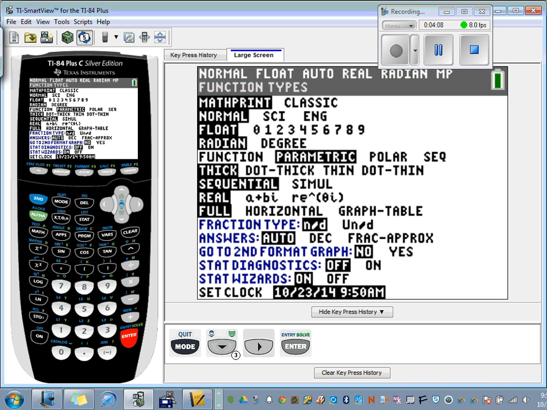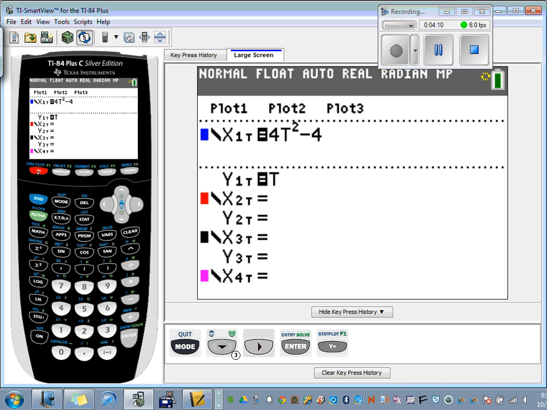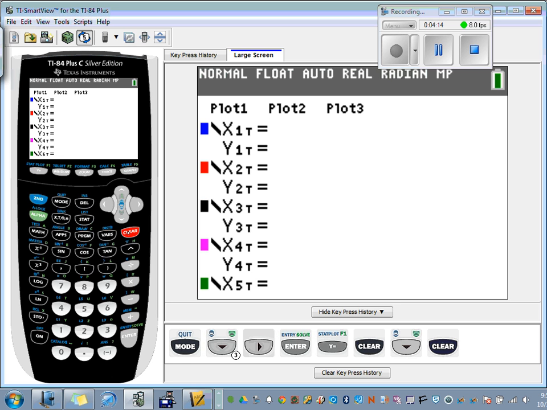And when you do that, if you look at your y equals, it's going to look a little different. It's going to have x1, y1, x2, y2. So we have to put two equations in, one for x and one for y, in order to get our graph. So let's go ahead and put in our first function.